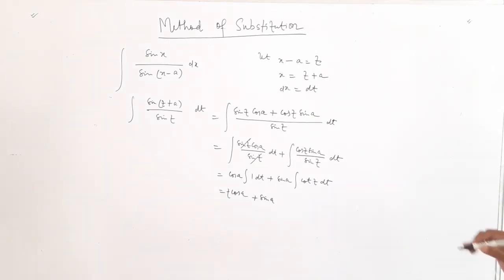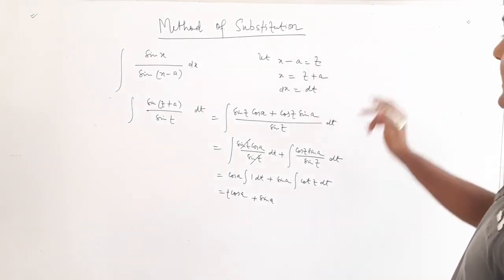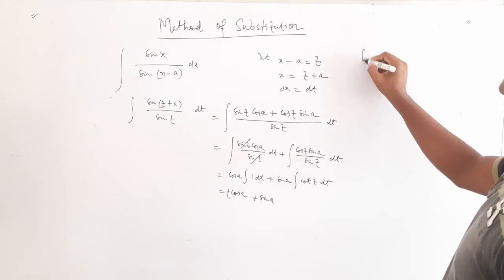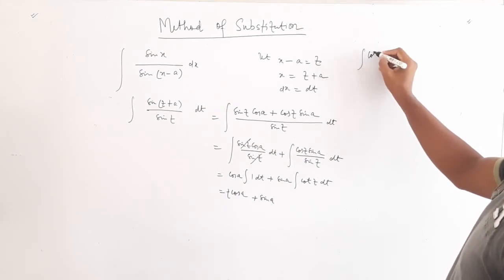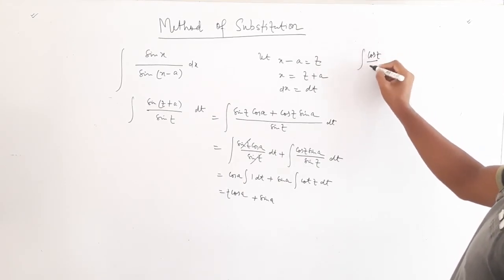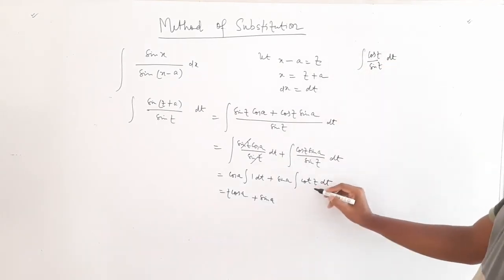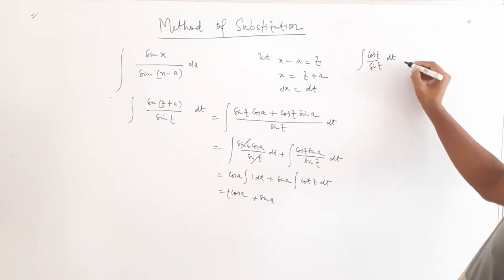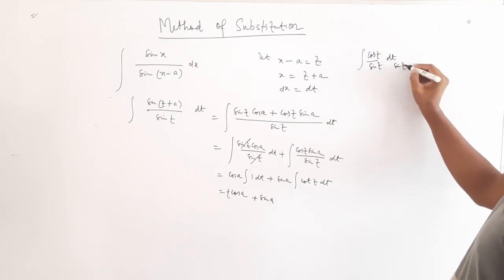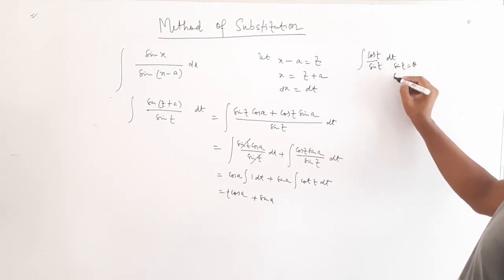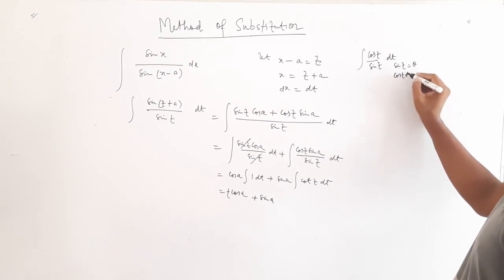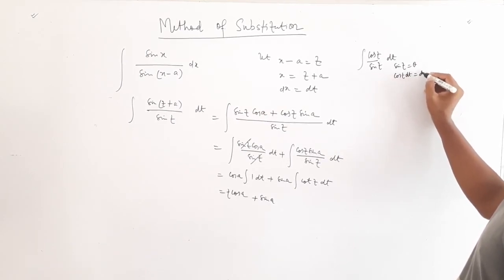If you do not know the formula, I can derive it for you again using the method of substitution. Cot t is nothing but cos t over sine t, and if you take sine t as theta, then differentiation gives cos t dt equals d theta.